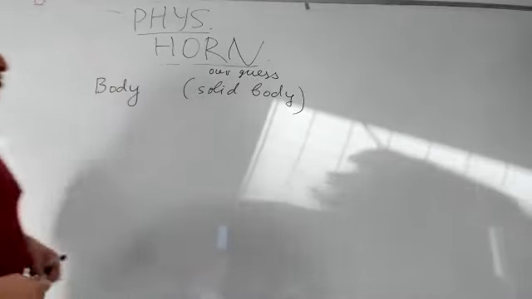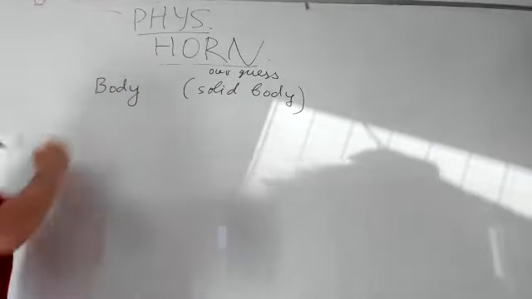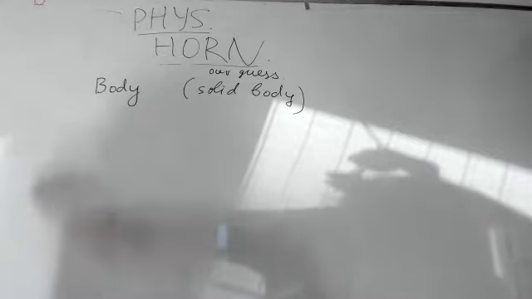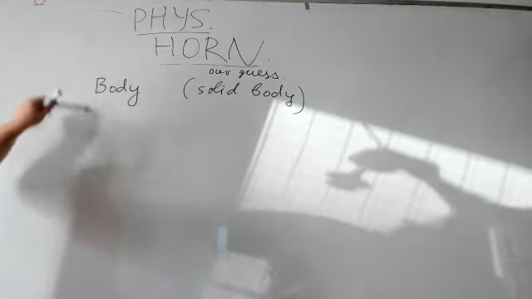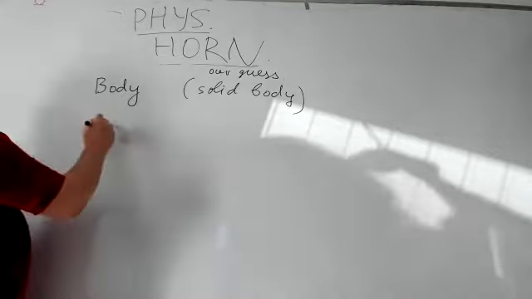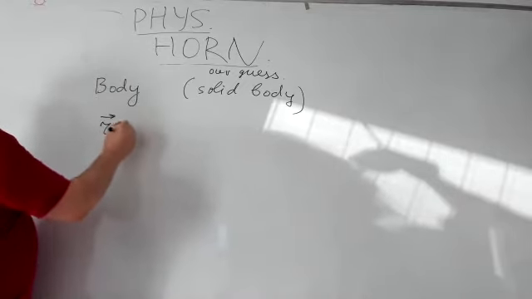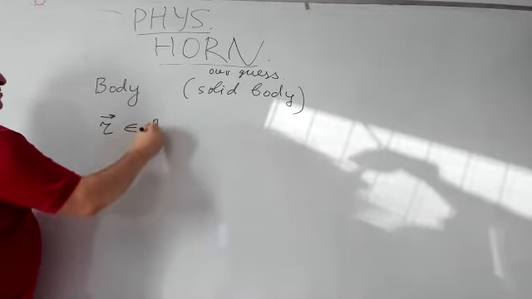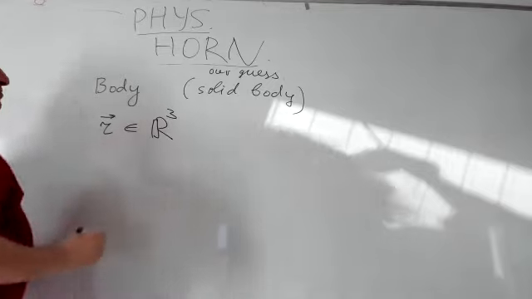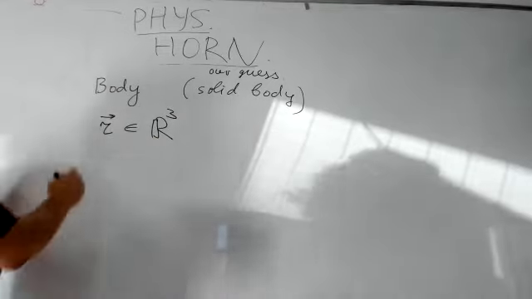Then, what is interesting is that Newton attributes to the body the vector r that belongs to R3, called position.